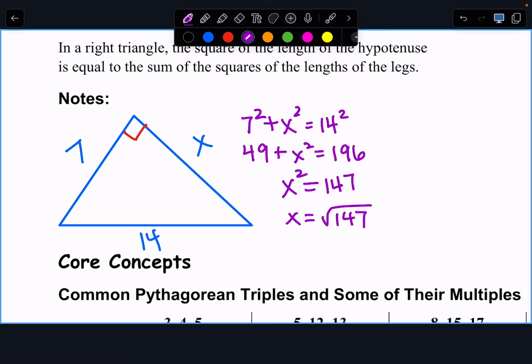I look at 147 and I'm like, I don't know. Do you know the trick for seeing if a number is divisible by 3? If you add up the digits and that number is divisible by 3, the whole number is divisible by 3. So it's divisible by 3. 3 times what? 49. Well, that is interesting. Okay, that's cool.